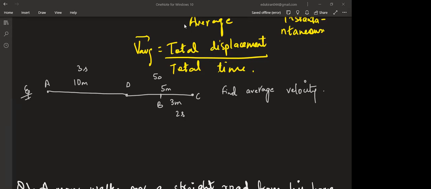That is not 50, that is 5 seconds, for this part, DC.